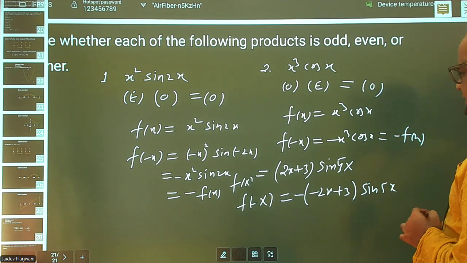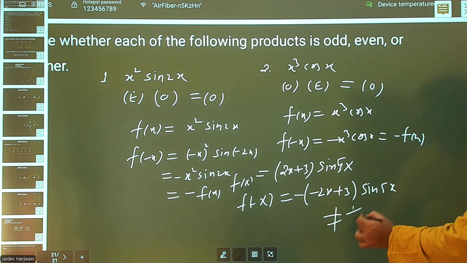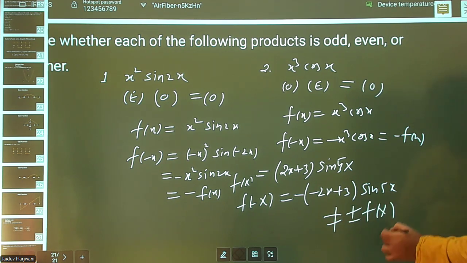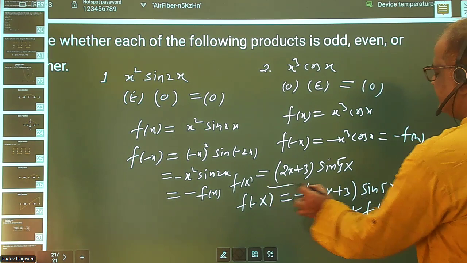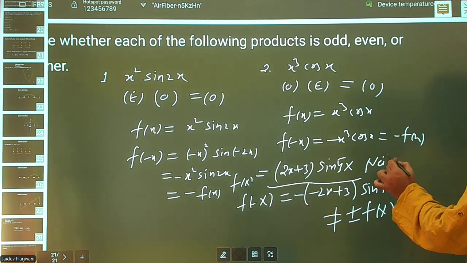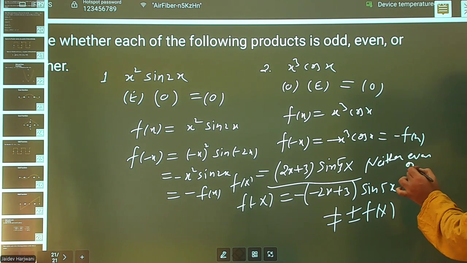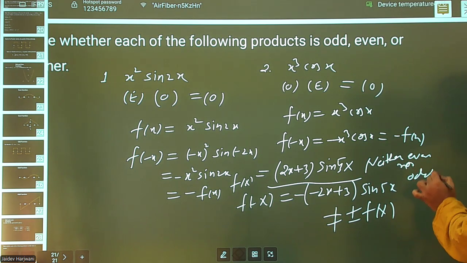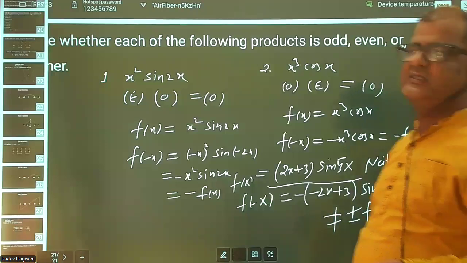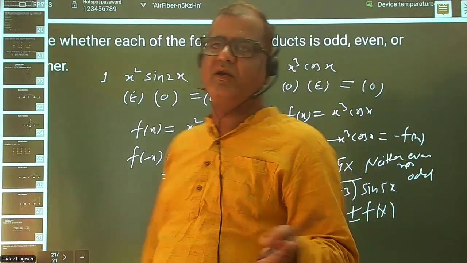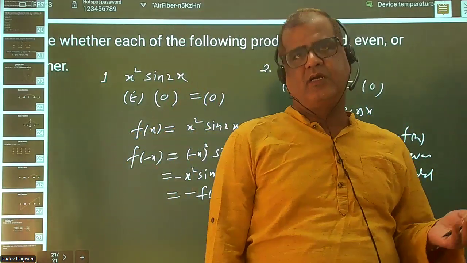So this function is not equal to plus or minus f(x). That means this function is neither even nor odd. So it's not necessary that a function should be either even or odd. It can be neither even nor odd.